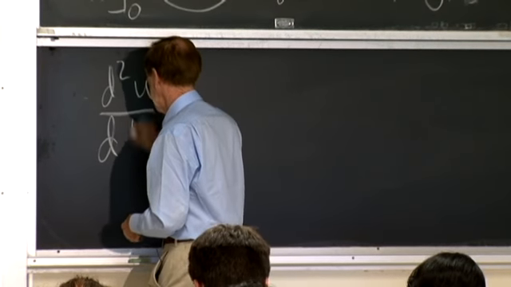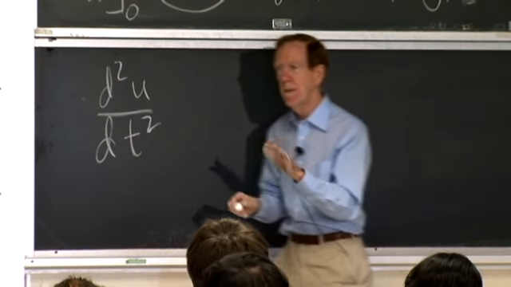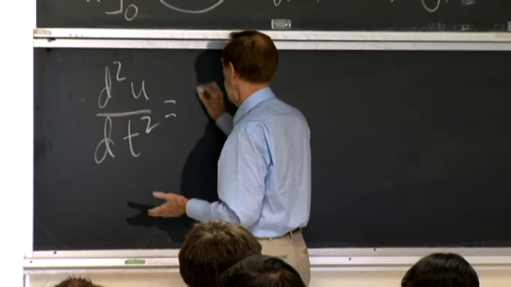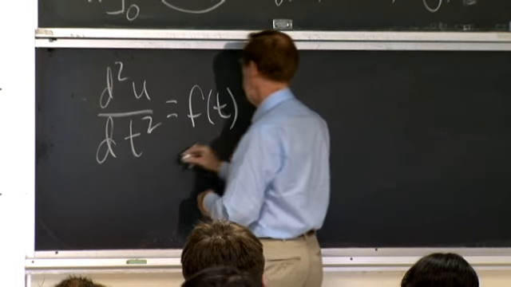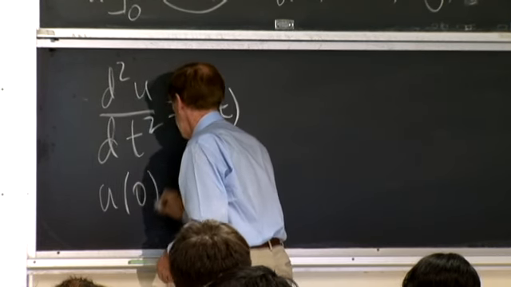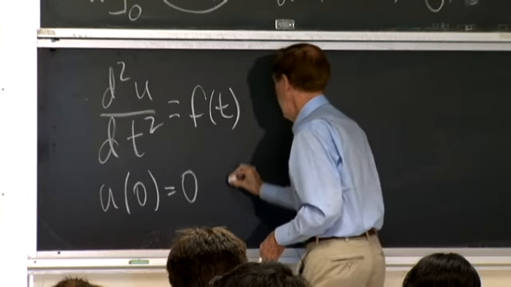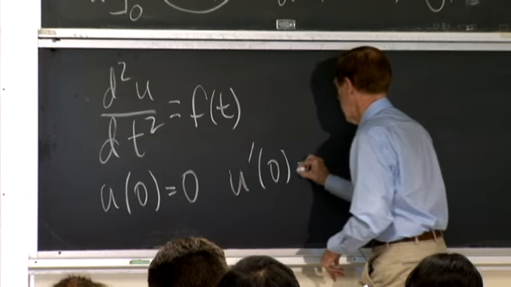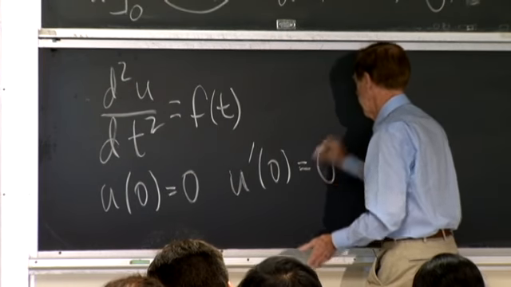Can I change x to t? Because if I have, what does this problem look like? And u of 0 equals, let's say, 0, and u prime of 0, both at the start, equals 0 or whatever.